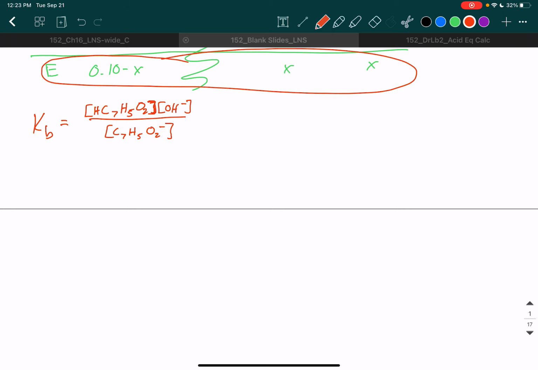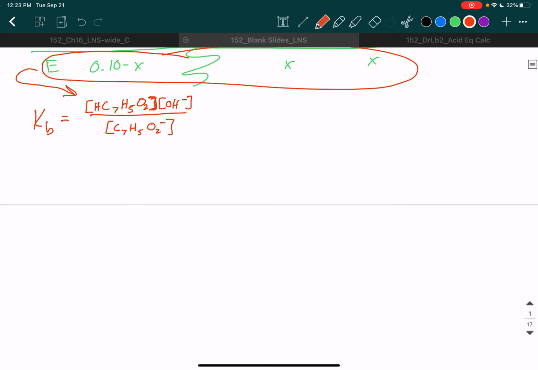It's always that equilibrium line. It's going to be inserted into that expression. Practically always looks like X over that. After test 2, we will worry about it.